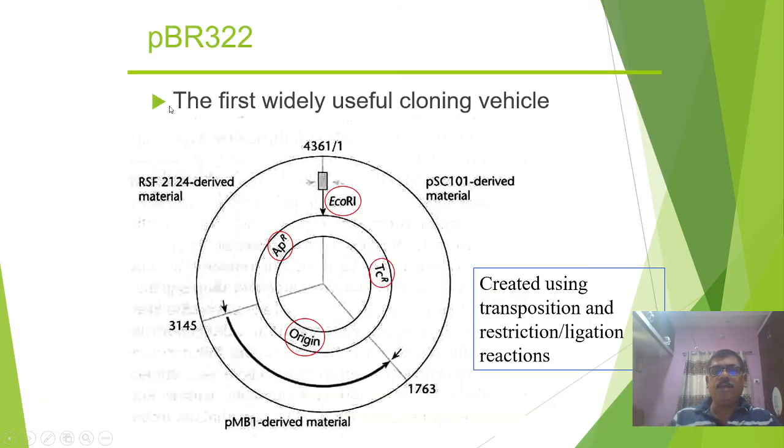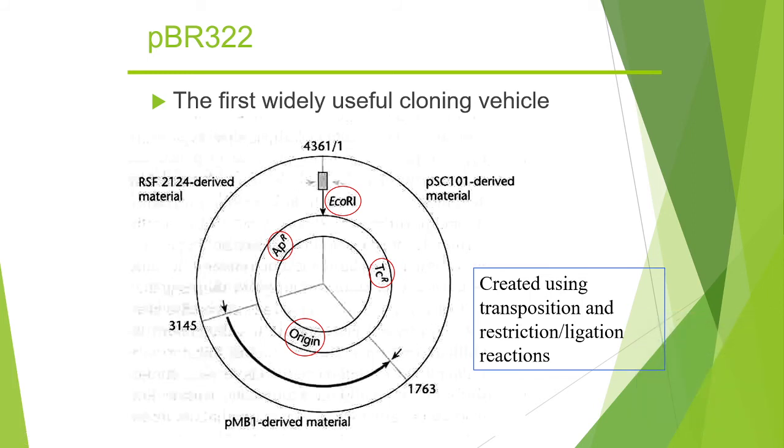Then pBR322 is a widely useful cloning vector. It has 4361 base pairs. It has various restriction endonuclease sites, antibiotic resistant sites for tetracycline and ampicillin, and an origin of replication as well.